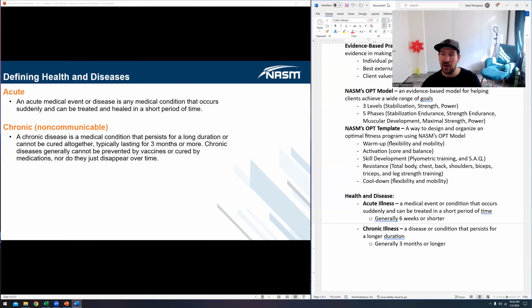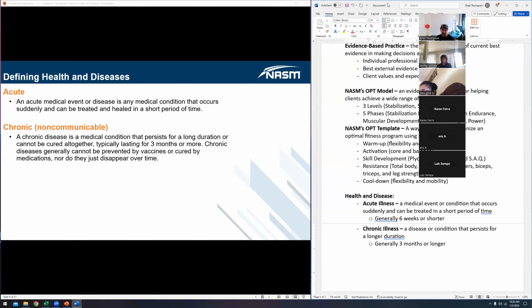This is generally something that cannot be prevented by a vaccine or cured with a general medication. If your doctor prescribes a medication and says this is going to go away, but it's probably going to take 6 months, that is still not necessarily going to be classified as a chronic disease, even though obviously 6 months is longer than 6 weeks and longer than 3 months, right?